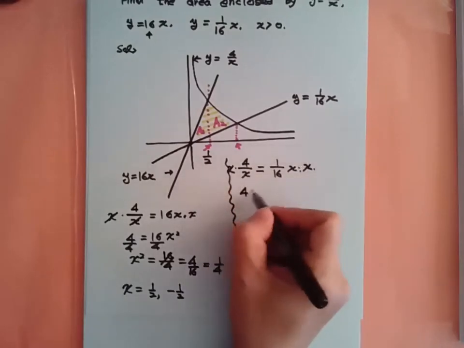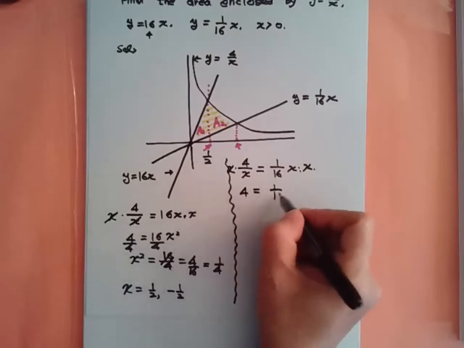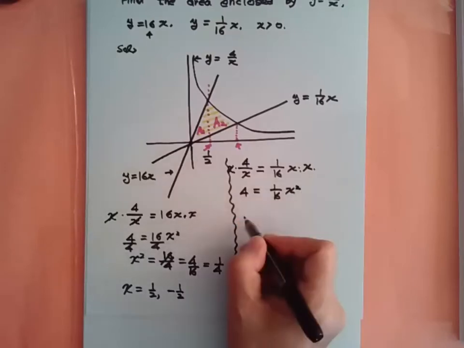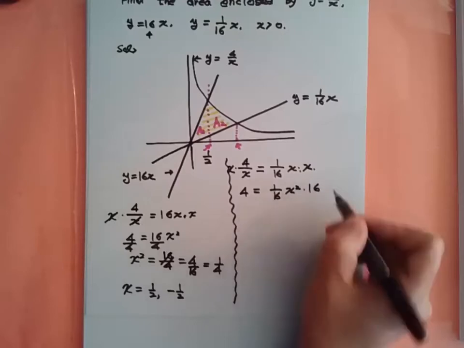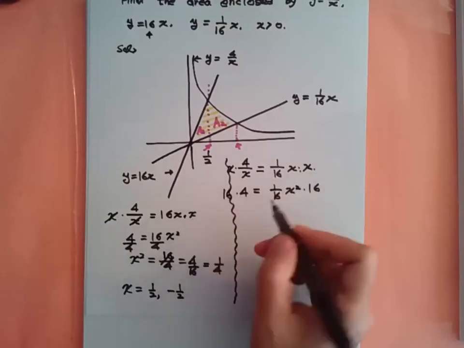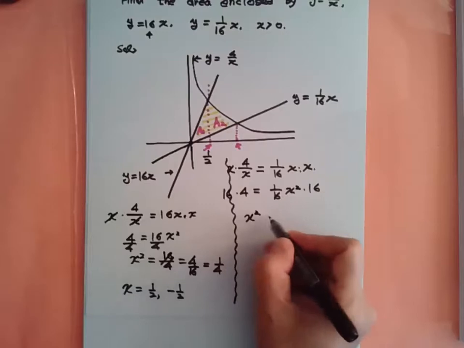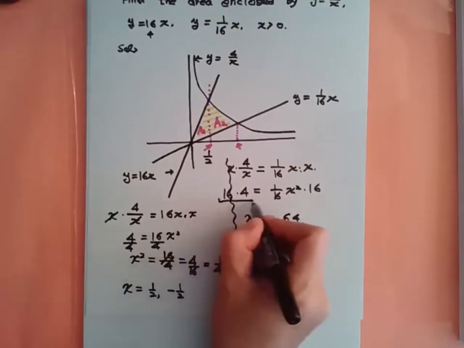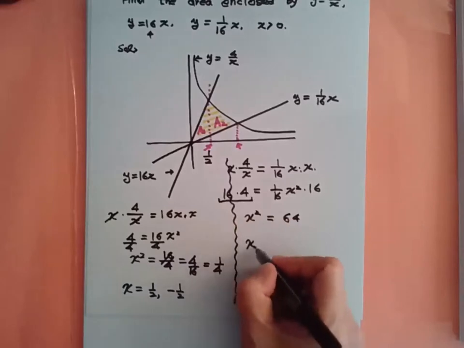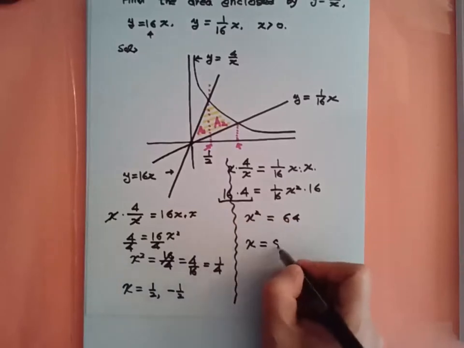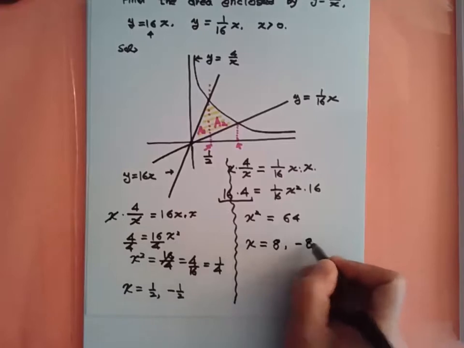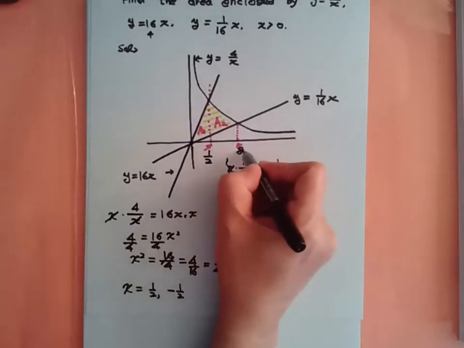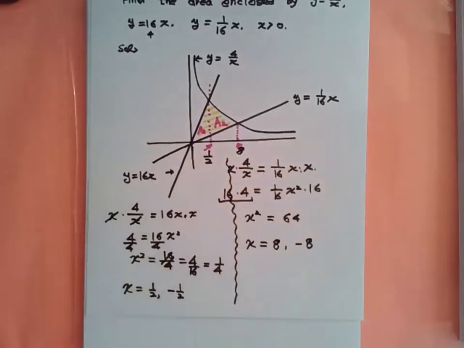So 4 equals 1 over 16 x squared. And then we multiply by 16 on both sides. So x squared equals 64. So x equals plus 8 or minus 8, but this is a positive number, so we get 8 here.